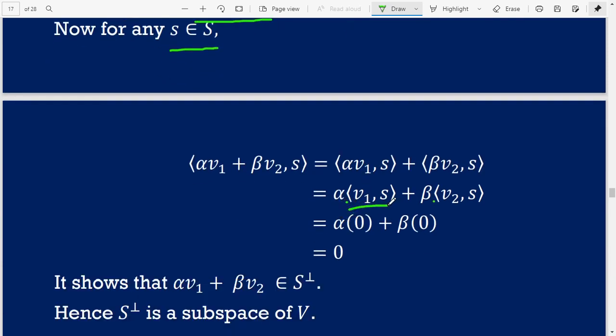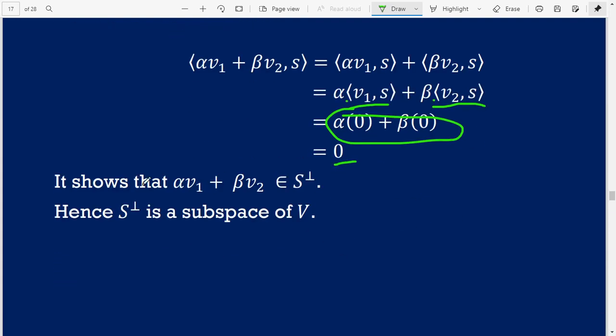So this is equal to 0 and this is equal to 0. So this is equal to 0. So it shows that alpha V1 plus beta V2 belongs to S orthogonal. Hence, S orthogonal is a subspace of V.